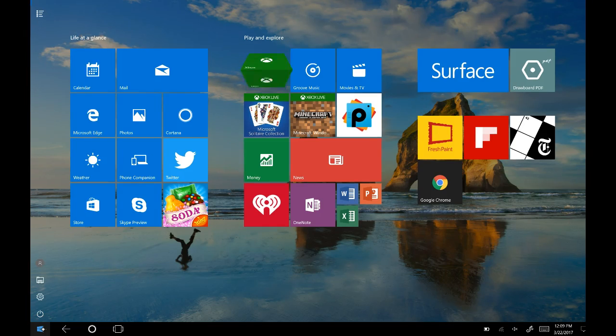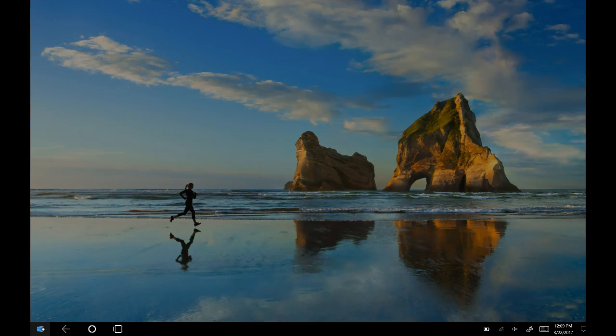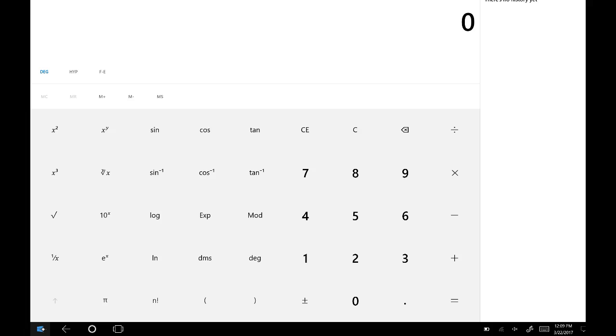Okay, I'm going to find my calculator. Where is my calculator? There you go. Okay, here we go, let's try this. We said sine inverse, right?